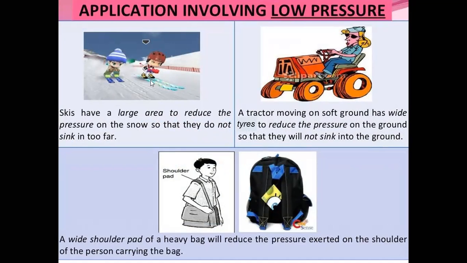By making it long, the area pressing the ground is increased. As the area is increased, they will not sink into the ground. They can slide easily on the snowy land. This is low pressure. To develop low pressure, area is increased.